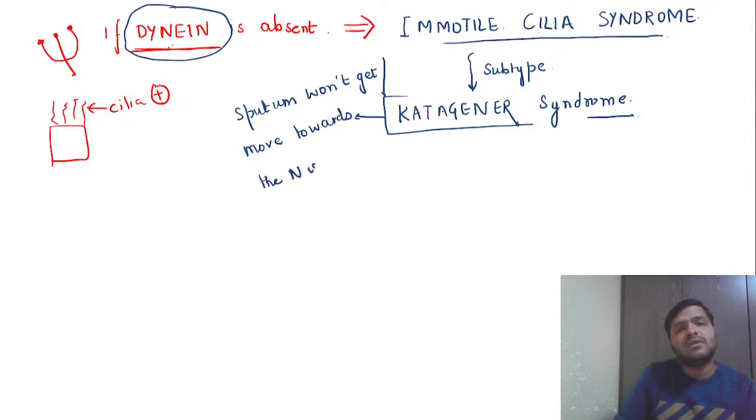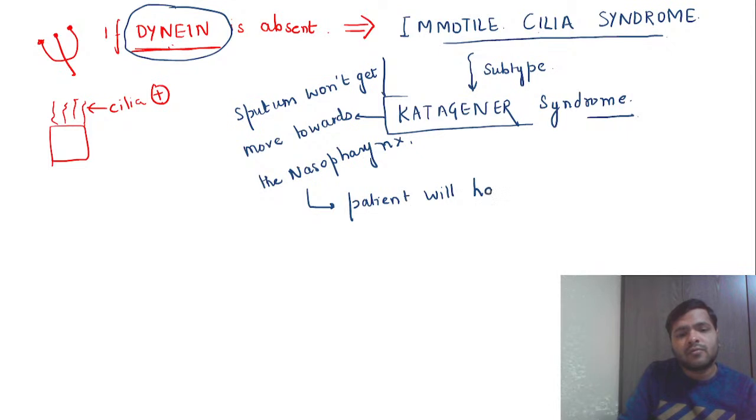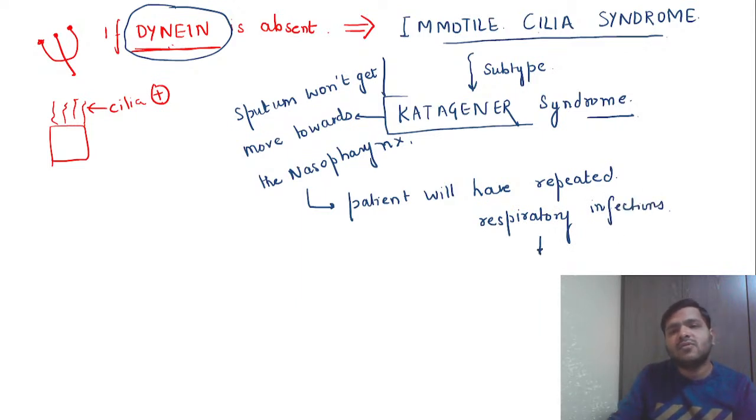Now, the patient will have repeated respiratory infections, and that is called sinusitis, which can lead to bronchiectasis.